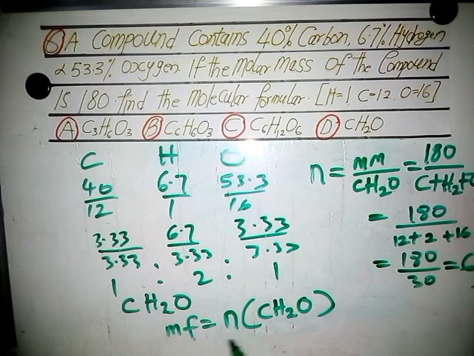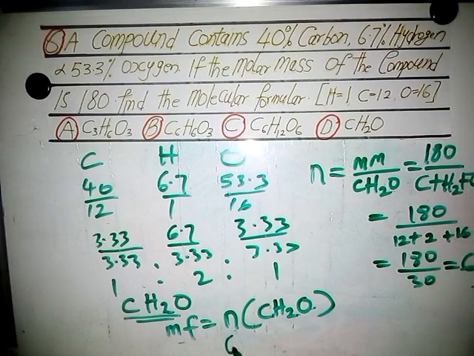The next step is to come back to this, in order to get the molecular formula, because we have gotten the empirical formula first. In order to get this, you multiply the 6 by what we have in the bracket.